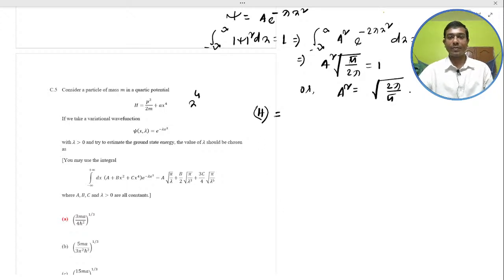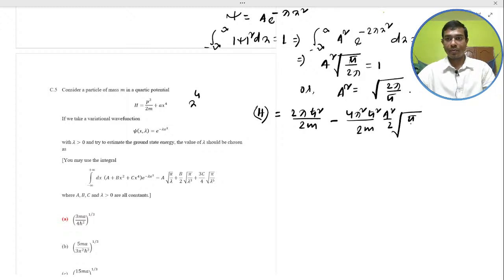Now the expectation value of the Hamiltonian is what? 2 lambda h bar square by 2m minus 4 lambda square h bar square by twice m A square by 2 square root of pi by 8 lambda cube plus 3 by 4 A square alpha square root of pi.